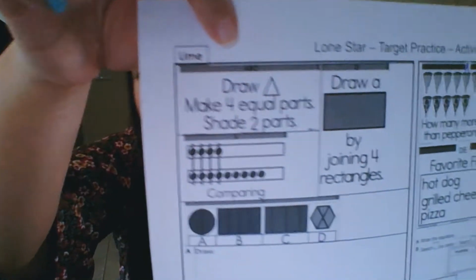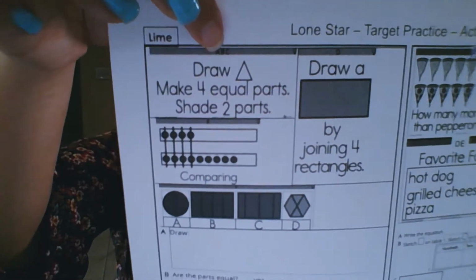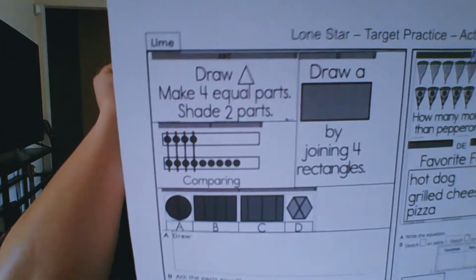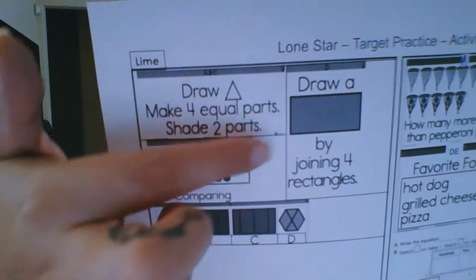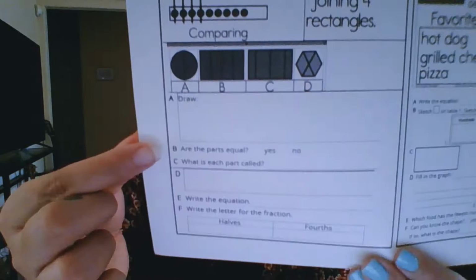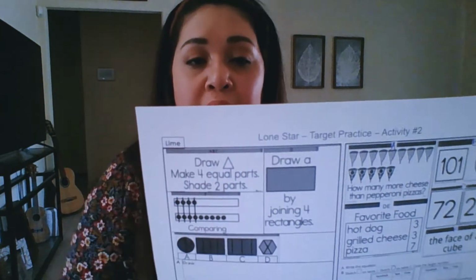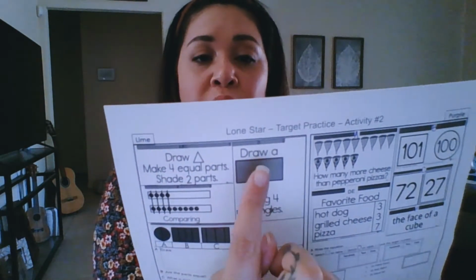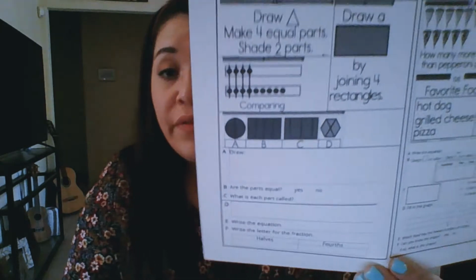On this square right here, can you see that? We have A, B, C. So you're going to use this part to answer A, to answer B, and to answer C. You're going to use this square right here. You're going to use this square to answer D, and so forth. Okay?